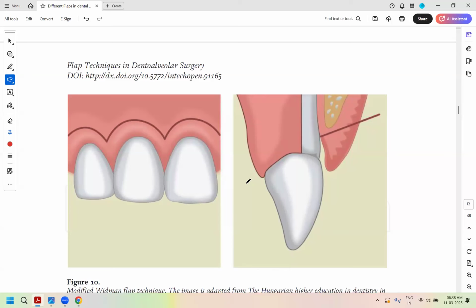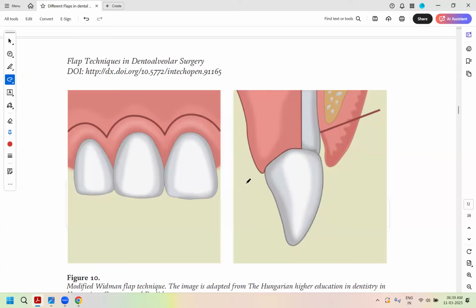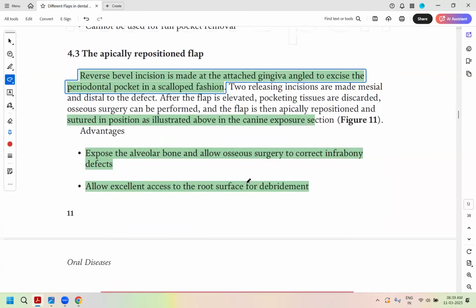In coronally positioned flap, Nandini, also partial thickness, because when you are positioning it coronally, you are kind of exposing the part where you're bringing it up from. Let me show you the image of coronally positioned.